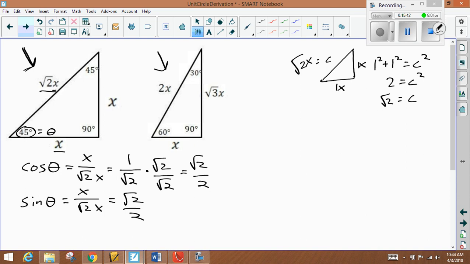Because it follows this, we can go through the process again and find cosine of theta. So theta is 60 degrees. So cosine is adjacent over hypotenuse, which is going to be 1/2. And that's our x coordinate.